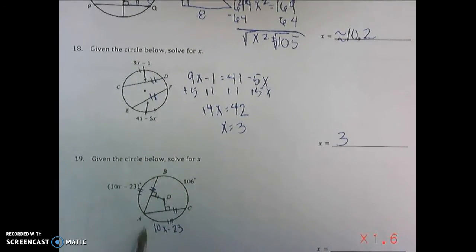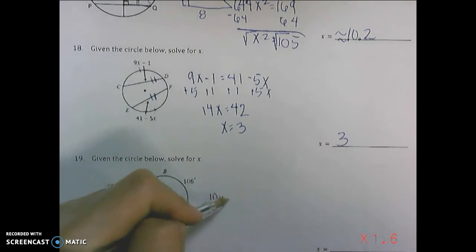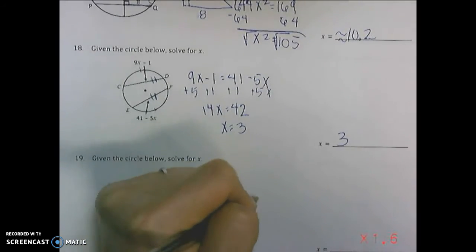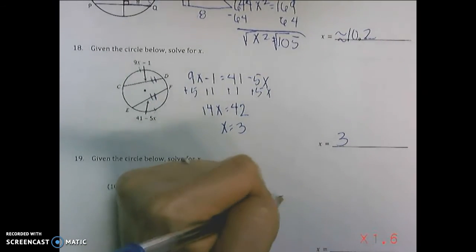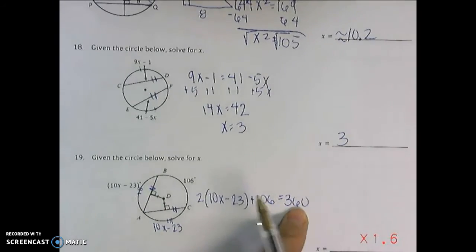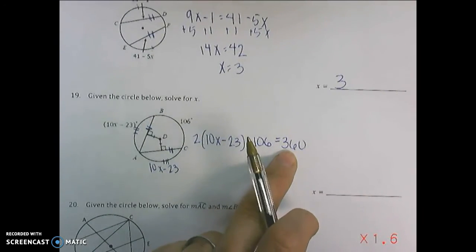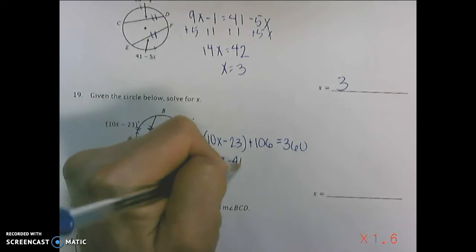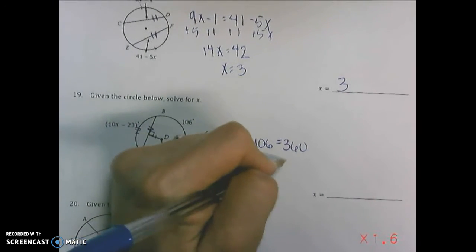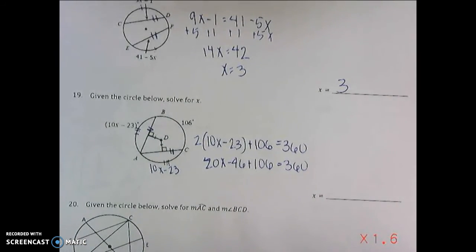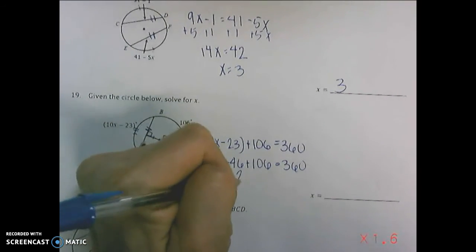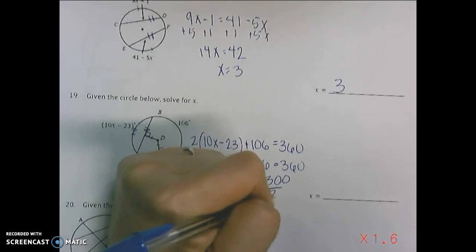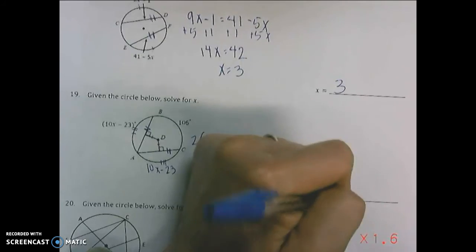I'm going to take 10x minus 23, times 2 since there's two of them, add 106, and set it equal to 360 because that's an entire circle, 360 degrees. I distribute and get 20x minus 46 plus 106 equals 360. Combine like terms and get 20x equals 300. Divide by 20, x equals 15.